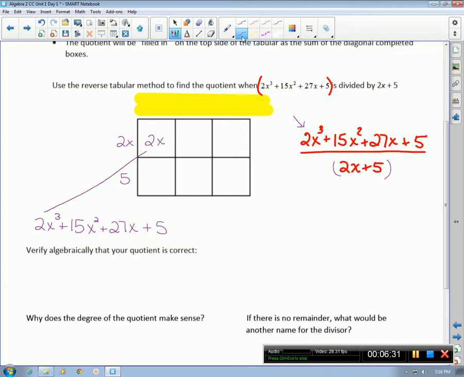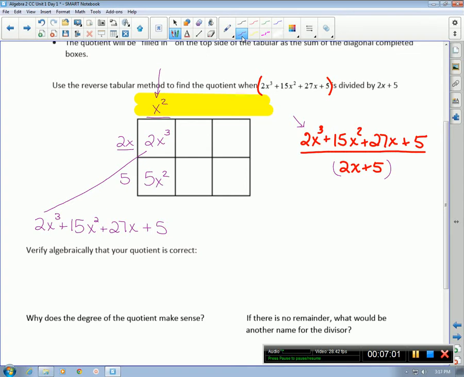So I'm going to put it in there. Now we have to work backwards. If we know that 2x cubed is in this box, then we know it came from 2x times whatever is here. So this must be x squared. Now that you have the top of this column, you can fill in the whole column by multiplying. So x squared times 5 is 5x squared.